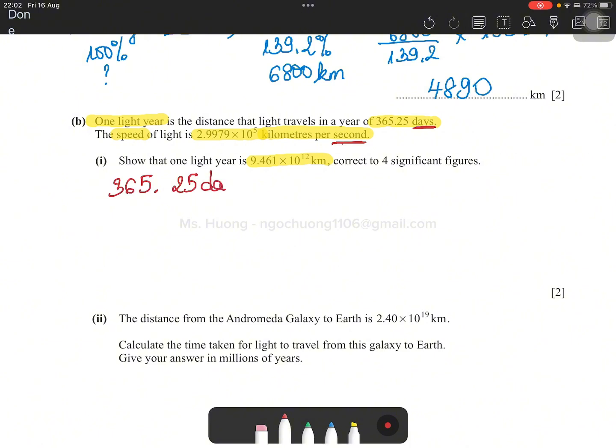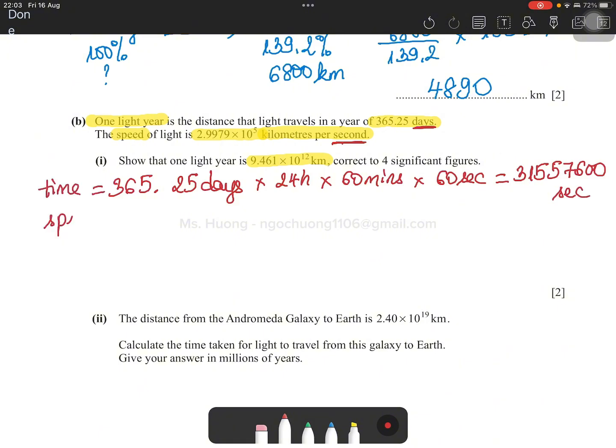365.25 days into seconds. You know that each day has 24 hours, each hour has 60 minutes, and each minute has 60 seconds. So we multiply these together and we get 3,155,600 seconds. So this is the time.